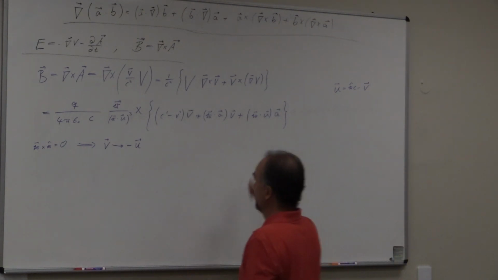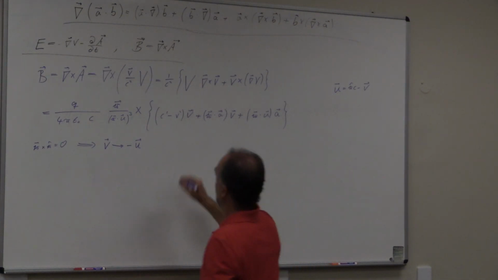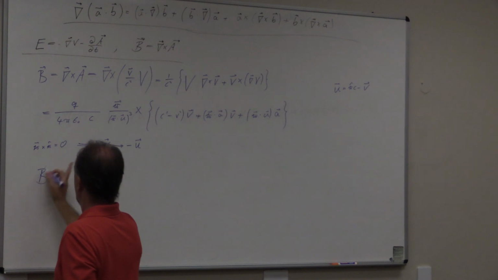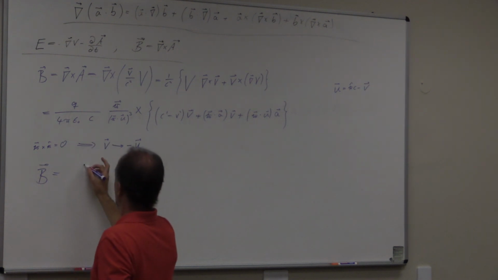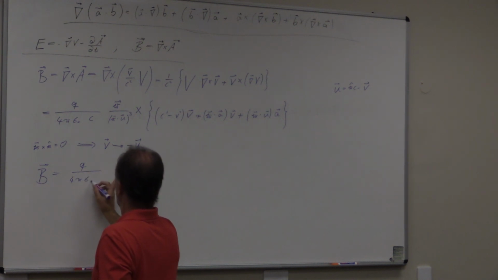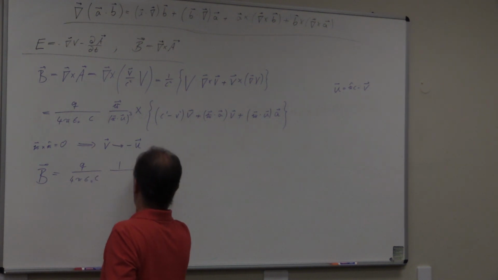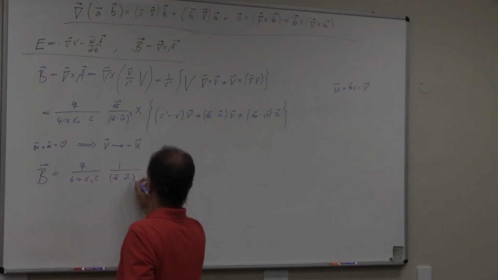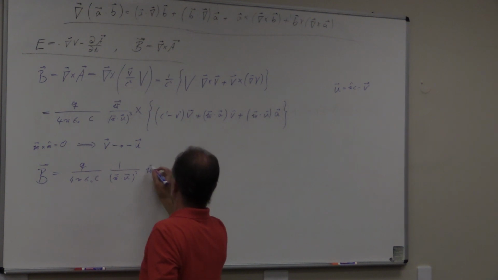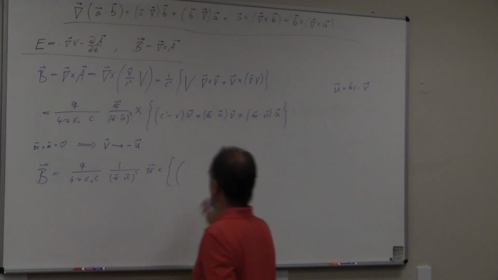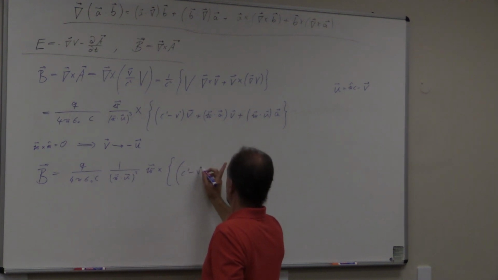So we can write this then as v being p over 4 pi c, 1 over c cubed, cross c squared minus v squared u.